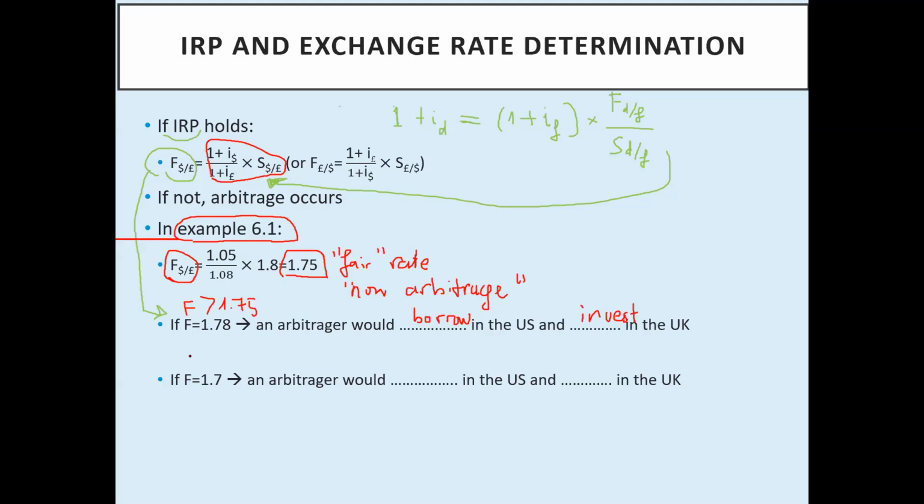In contrast, when the actual forward rate is lower than the fair rate, which is the non-arbitrage rate, then we would earn a profit if we lend in the domestic country and borrow in the foreign country. So lend and invest is the same, okay? When we say lend, it just means investing.